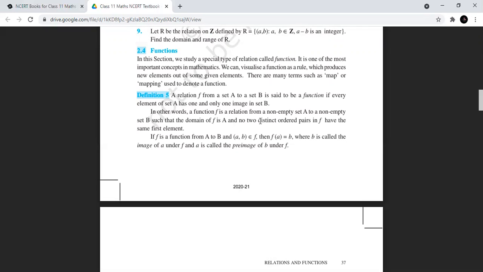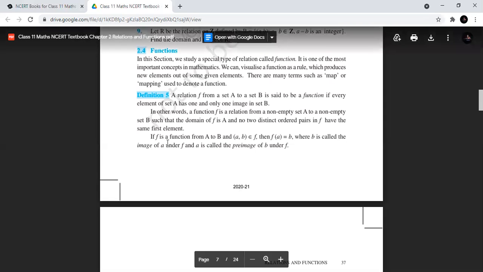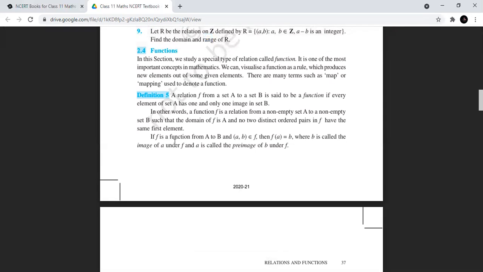Now what more they have to say: let f be a function from A to B, and (A, B) belongs to this function. That's the way you write a function, children. That's the way of depicting a function. So f is the rule, which we will come to know what the rule is like, and f of A is equal to B. This is how we write the image.